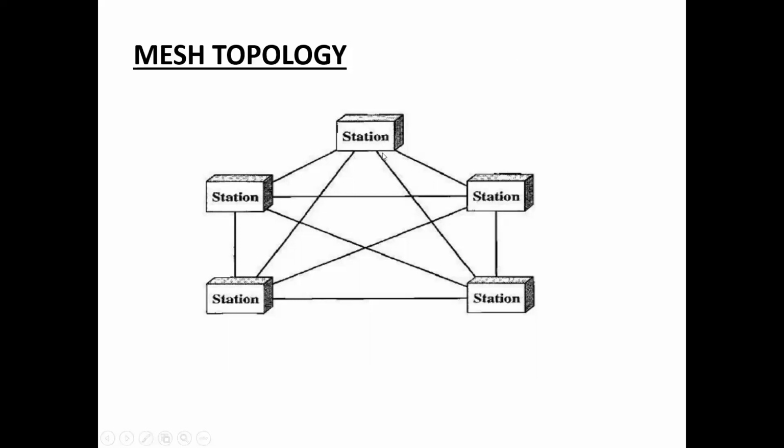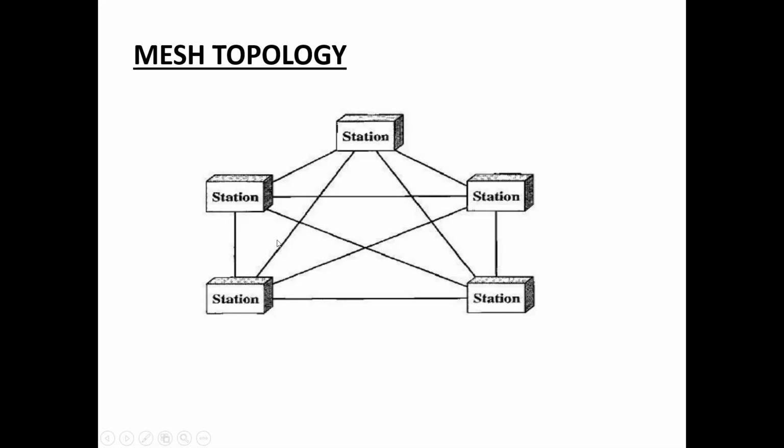Suppose here there are 5 stations. So this station is connected to the remaining 4 stations. Suppose this one is station 5. This station 5 is connected to the other stations, that is 5 minus 1, which is 4 stations.